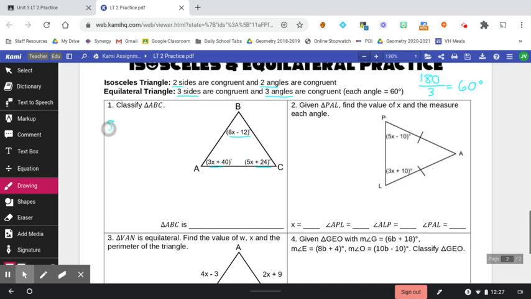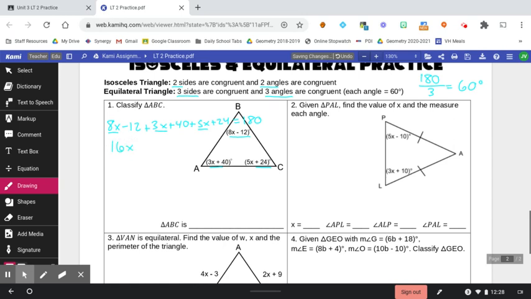So I'm going to add these together. So 8x minus 12 plus 3x plus 40 plus 5x plus 24, running out of room, equals 180. All right, so combining my like terms, I have 8x, 3x, and 5x. That's 16x.